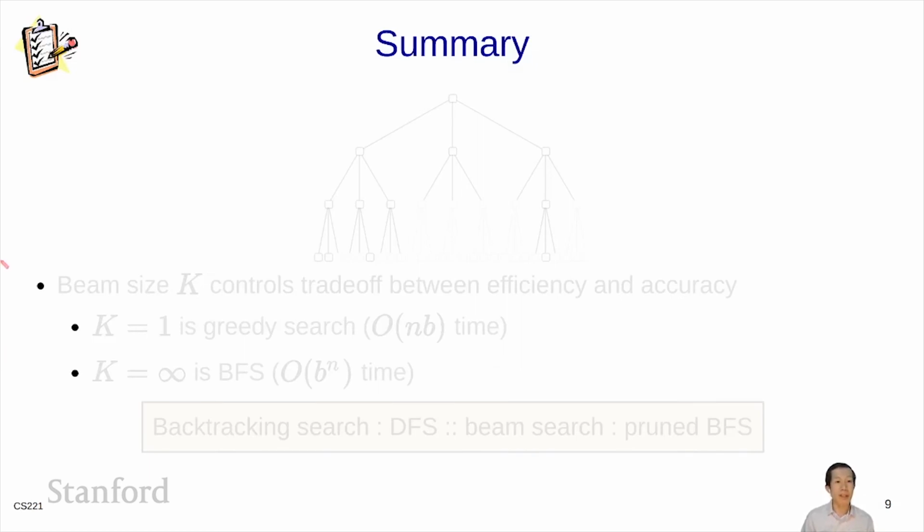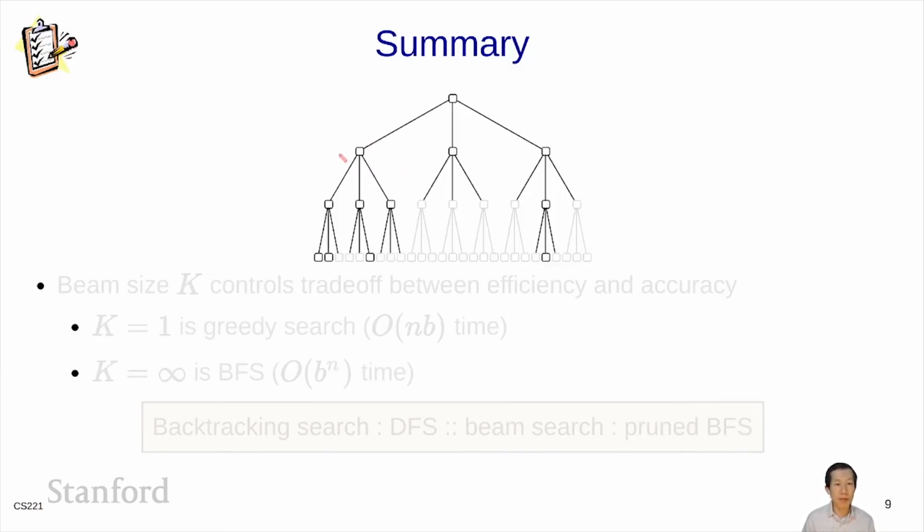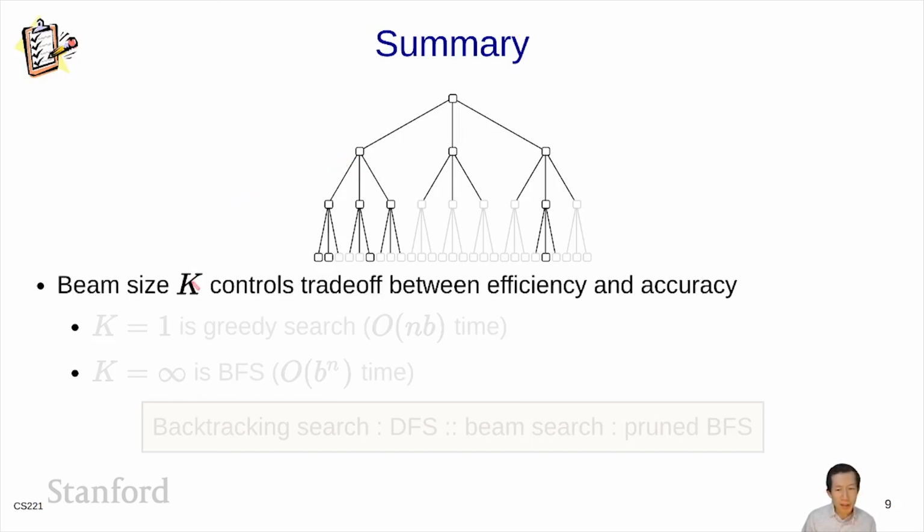Okay, so let us summarize now. Beam search is a fairly simple heuristic to approximate maximum weight assignments. It's really done if you're in a hurry and you don't really care about getting the maximum weight assignment, because you probably won't. The nice thing about beam search is it has this parameter k, which allows you to control the trade-off between efficiency and accuracy.